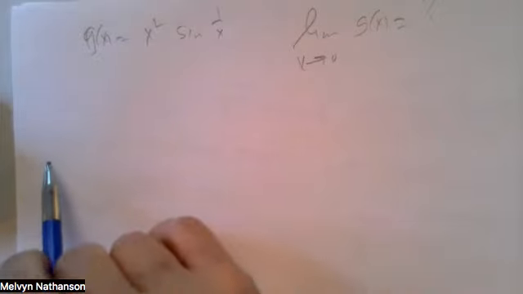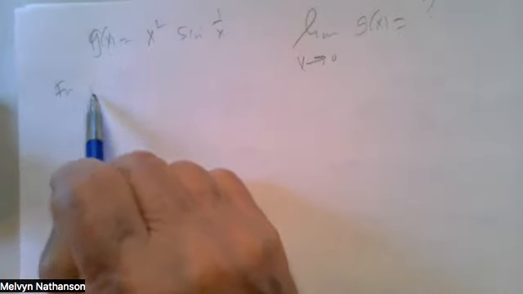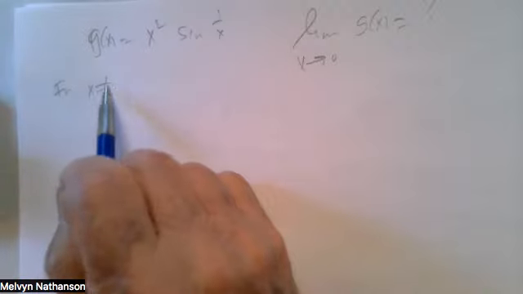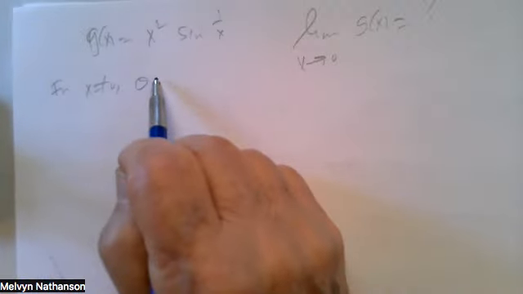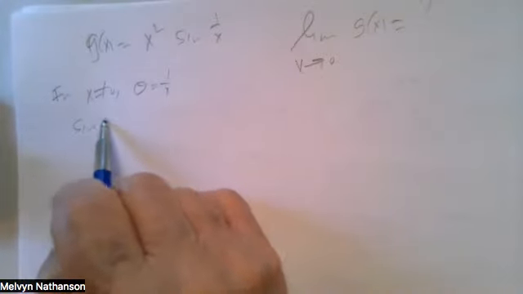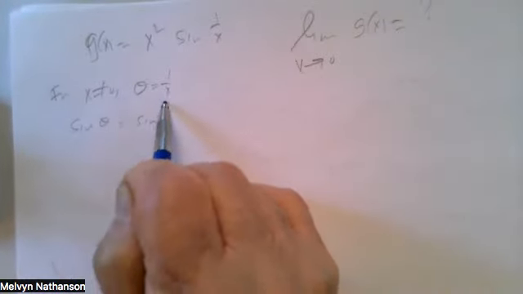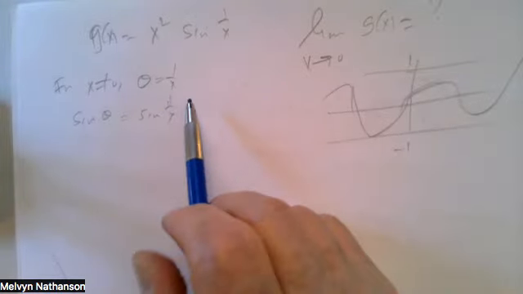So what we know about the sine is that for any x different from 0, let's say theta is 1 over x, the sine of 1 over x, again, you have to know what the sine function looks like. It looks like that. It oscillates up and down between -1 and +1.